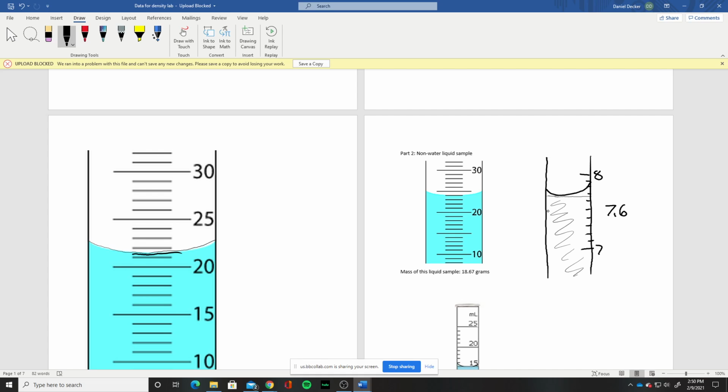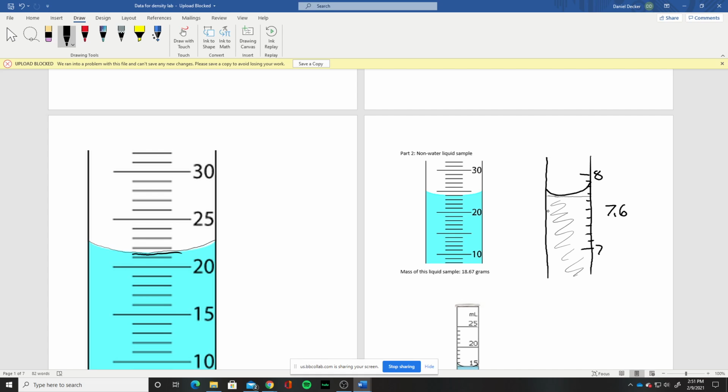But then on the other side, you can see that this line here is closer to the 7 mark than it is to the 6. So writing 7.6 or even 7.7 wouldn't be right, because I can tell, because I have eyes, that it's somewhere in between the two, and it's a bit closer to the 7 than it is to the 6.